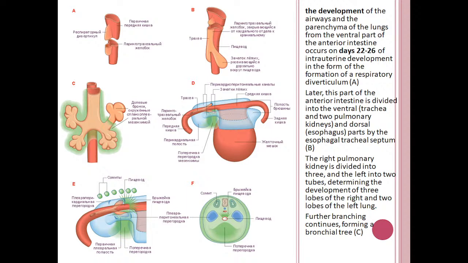You see in this picture the development of the airways and the parenchyma, how it begins, how we can see the embryonal period of the respiratory tract, and what happens with these organs.